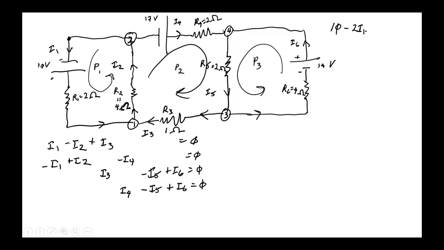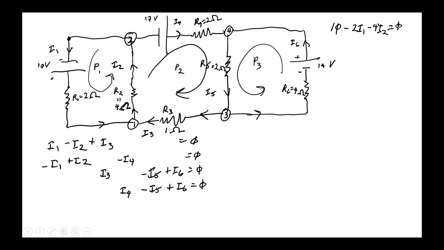Agreed? That's a drop in voltage there. Continuing on, I hit a minus 4I2. Your resistance is 4, your current is I2. And I'm back around where I started, so this is 0.